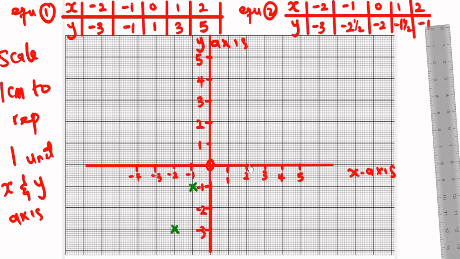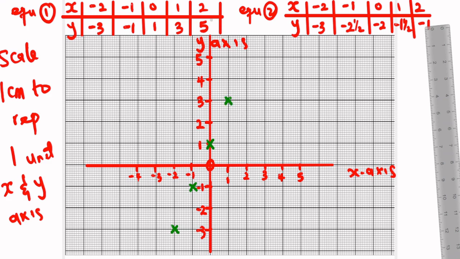When x is 0 on the x-axis, y is +1. So the next one is when x is 1, y is 3. When x is 1, this is our x-axis. Y, +3. This is it here. So we're going to put an asterisk there too.